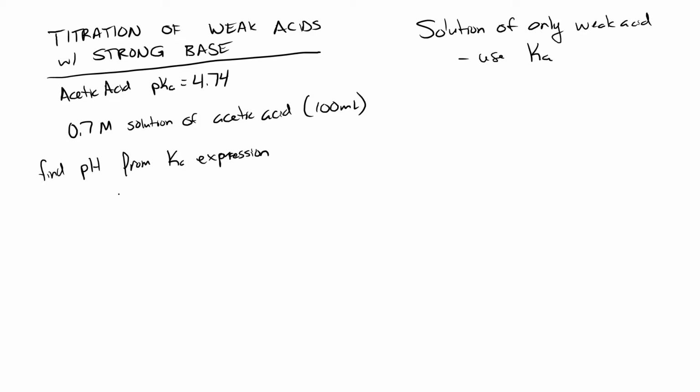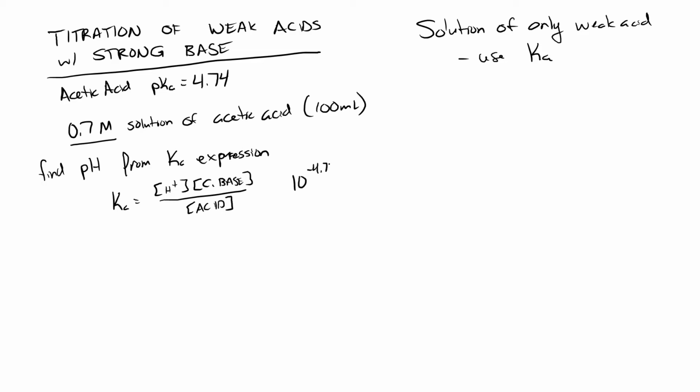So the Ka equals the concentration of H plus times the concentration of the conjugate base, all over the concentration of the acid, right? And all the stuff we talked about a couple weeks ago, where H plus and the conjugate base concentrations are the same. The concentration of acid is our initial concentration, and the Ka we know because we know the pKa. So we can set this equation up.